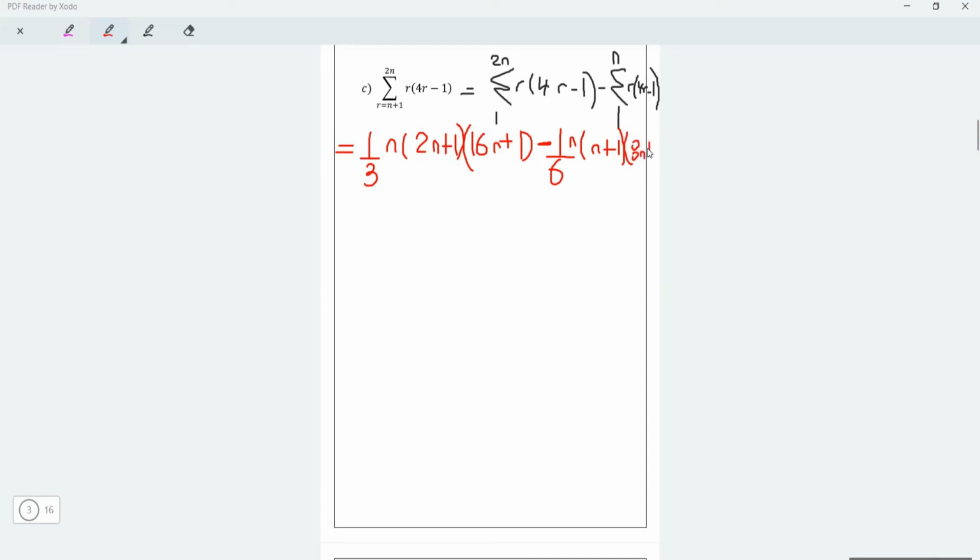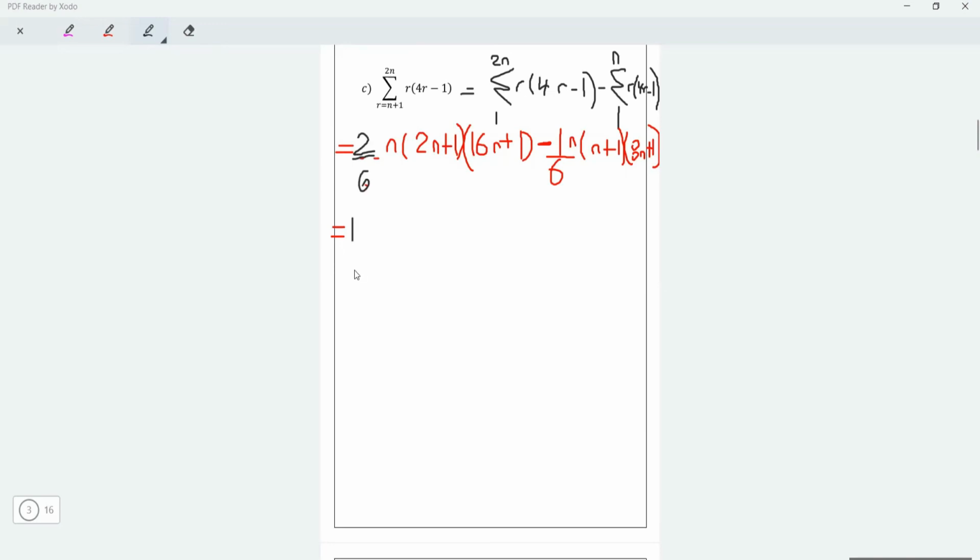All right, now here's the beautiful thing. Now let's see how we can simplify this. To simplify this, I first noticed that this is a 6, this is a 3. So I'm going to rewrite this as 2 over 6, so I can factor out 1 over 6 easily.